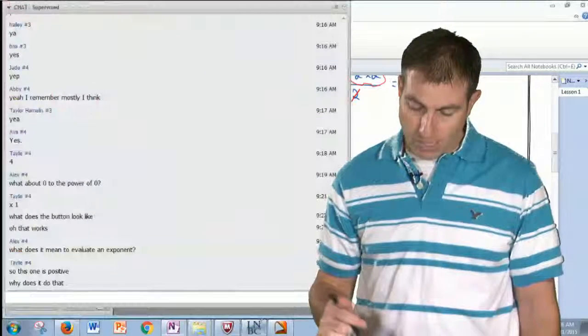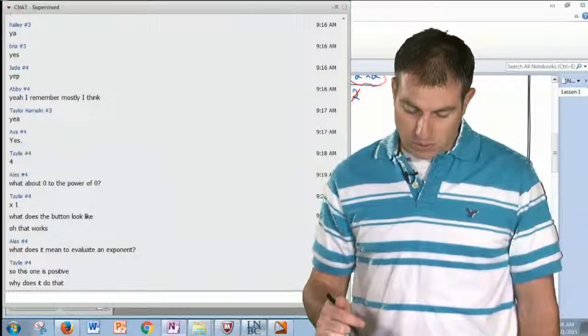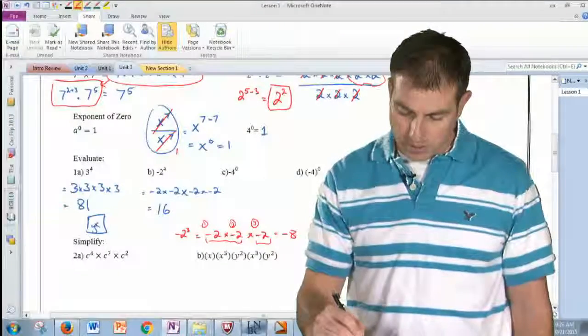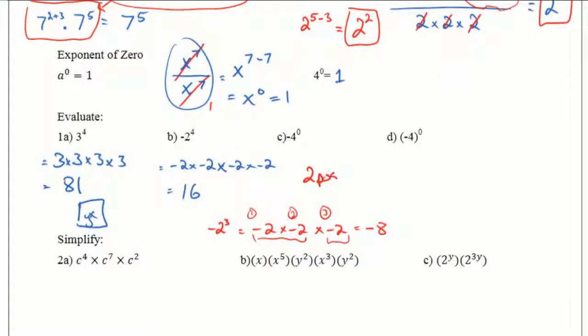Taylor's asking the why. So this one's positive. Why does it do that? If I have 2 negatives, it gives me a positive. If I have 3 negatives, I get a negative, because the first 2 are going to give me a positive, and then the third one is going to be the negative.